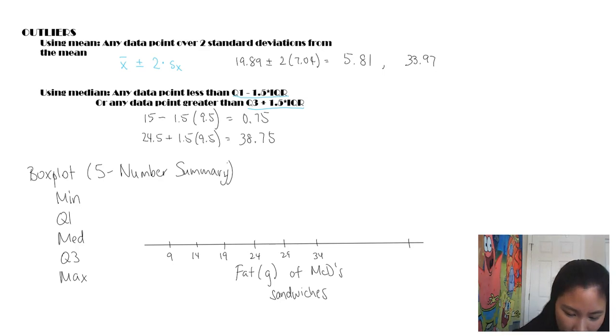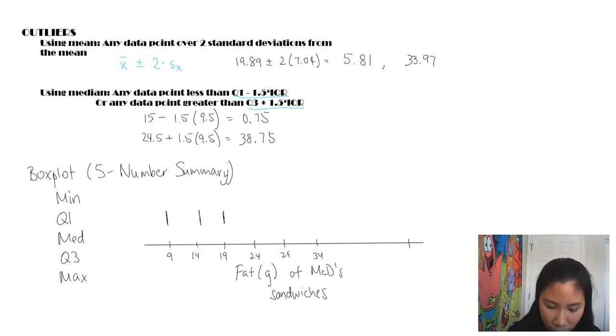But our minimum was at 9, so I'm going to put a line there right above the 9. The Q1 we said was 15, so at 15 I put another line. The median was, I forgot, 19, so I put a line at 19.